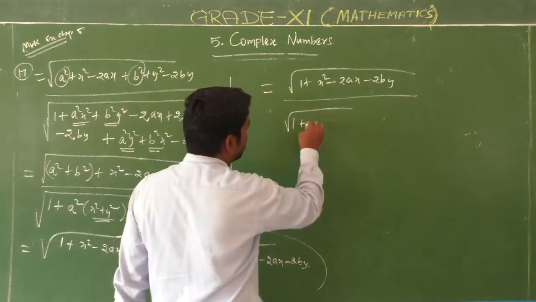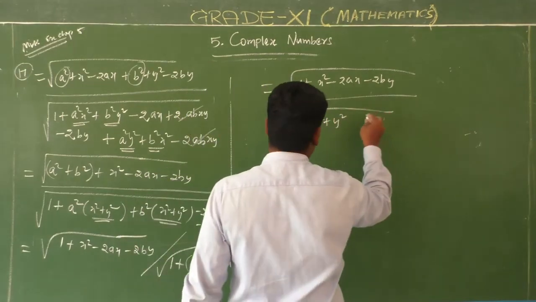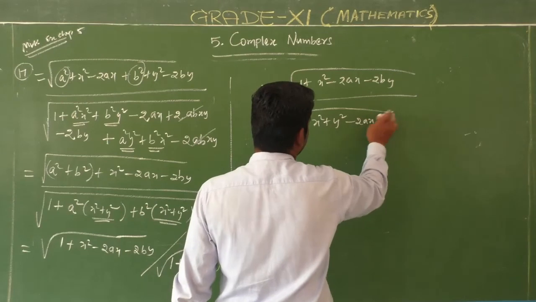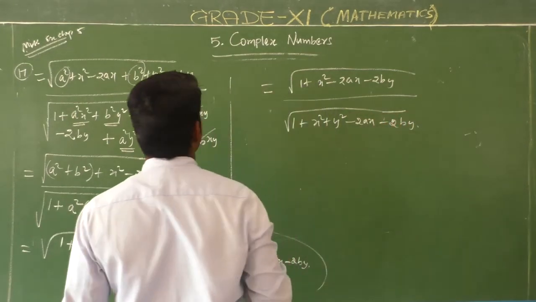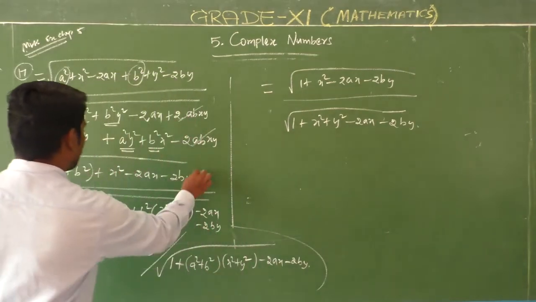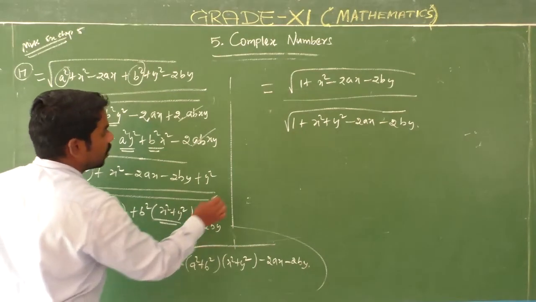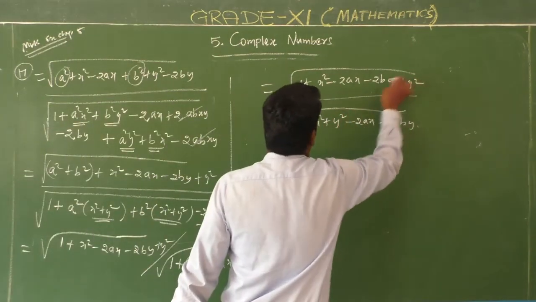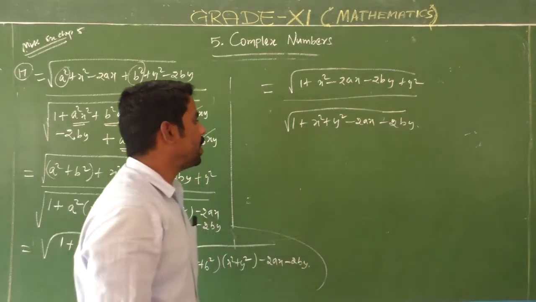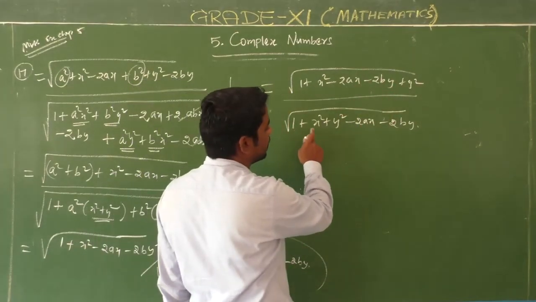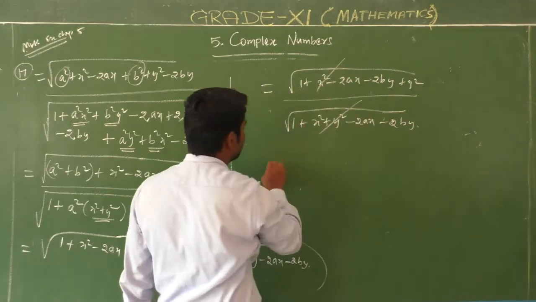So 1 into x square plus y square, minus 2ax minus 2by. And here y square is missing, so plus y square. Numerator is 1 plus x square plus y square minus 2ax minus 2by. Denominator is the same, so it is cancelled, equal to 1.